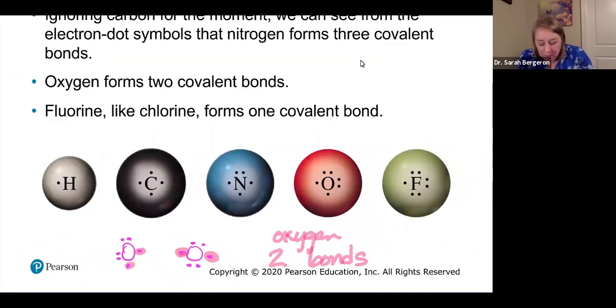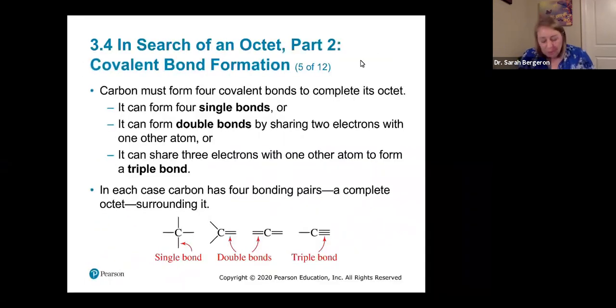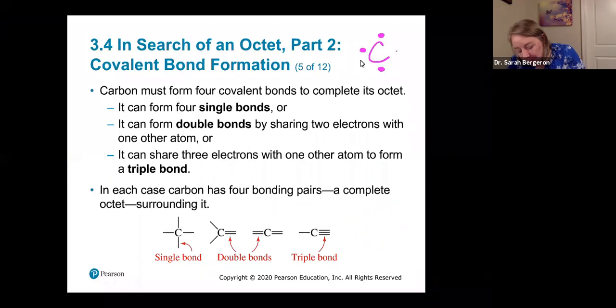So let's look at some examples, right? Carbon's really cool. Carbon, right, is in group 4A, element number 6. Because it's in group 4A, it has 4 valence electrons, right? There's my electron dot diagram. I have 4 valence electrons. So carbon is going to have to form 4 covalent bonds to complete its octet.